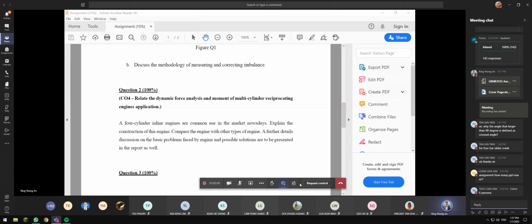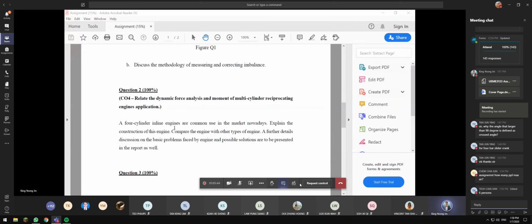After that you can do a simple comparison with different types of engines. Even for inline engines, we have one, which we don't call inline, we just call it a single cylinder engine. We have 2, 3, 4, 5, 6, but I hardly see 7 cylinders. Then 8 cylinders, 9 cylinders are also not that common, then 10 cylinders and 12 cylinders.